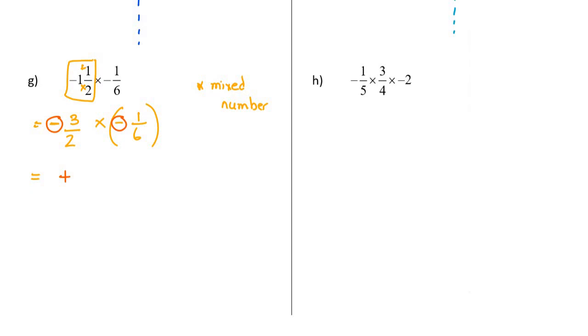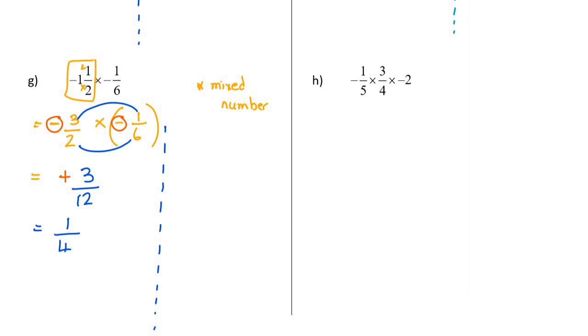Now I'm going to divide my page in two again because I think I can do it two ways. In this case, top times top is 3, bottom times bottom is 12. Can that simplify? Well, yes, because 3 does go into 12. So 3 divided by itself is 1, and 12 divided by 3 is 4.